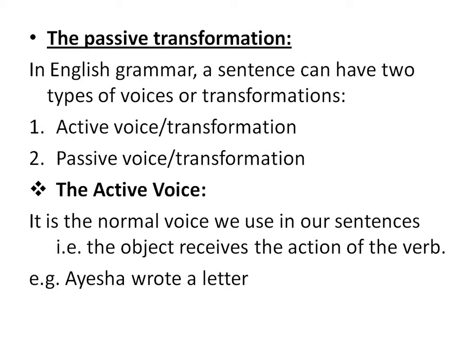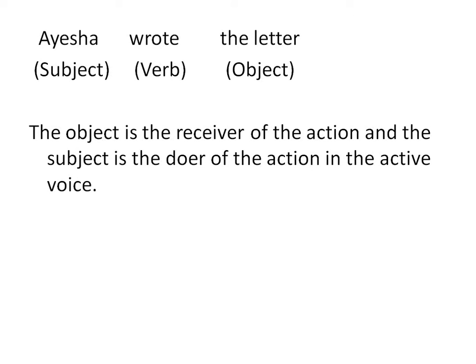The object is the receiver of the action. Let's take an example. Aisha wrote a letter. In this example, Aisha is the subject, the doer of the action. Wrote is the verb, an action of writing something. The letter is the object on which the action is being done.